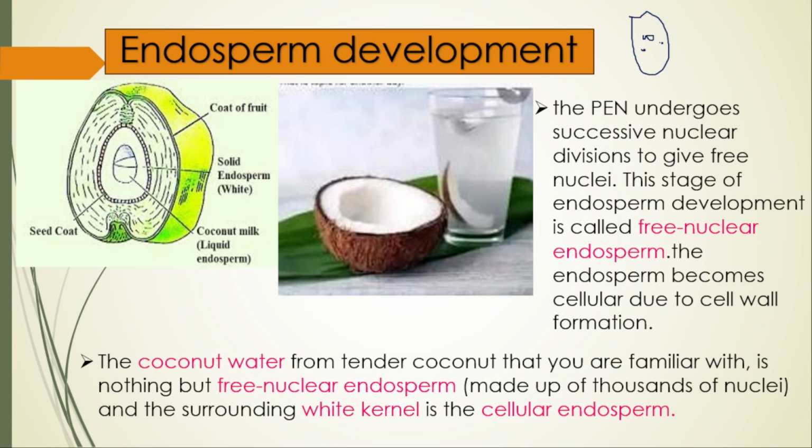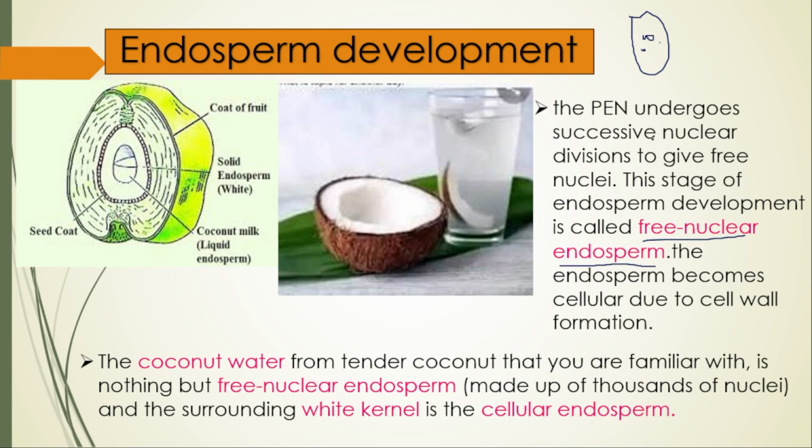So the endosperm development shows you free nuclear endosperm, as you can see in the coconut. This stage of endosperm development is called free nuclear endosperm. Only the nucleus is going to be divided.